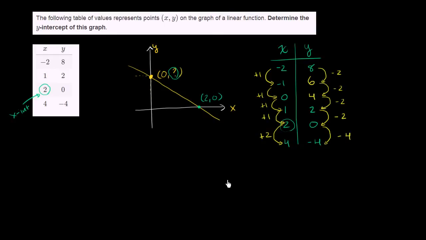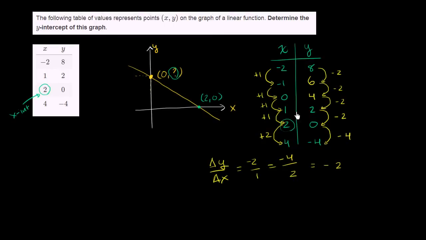And what's constant here is your change in y over your change in x. When x increases by 1, y decreases by 2. When x increases by 2, y decreases by 4. Either way you think about it, your change in y for a unit change in x is going to be equal to -2.